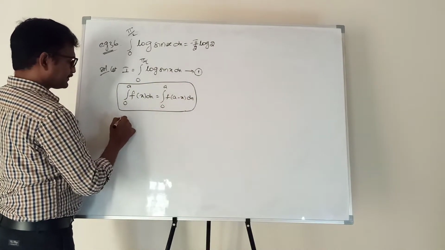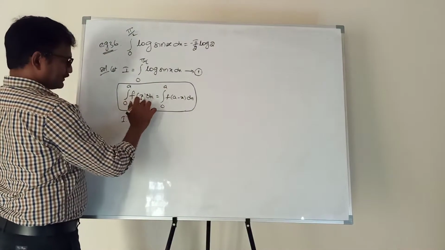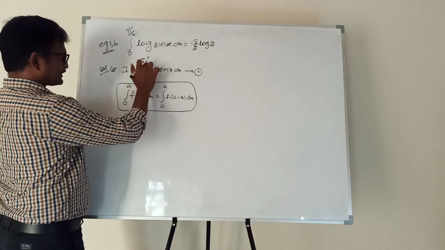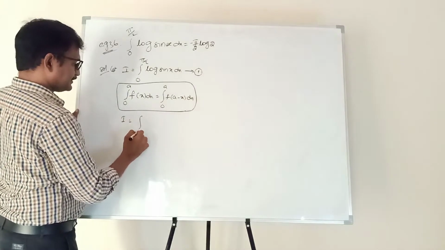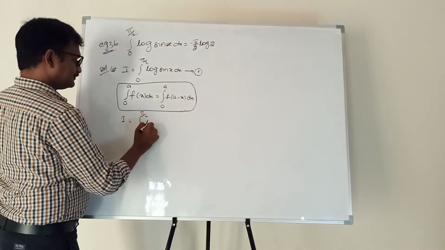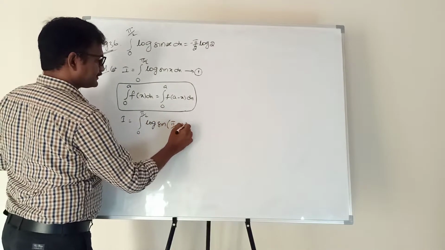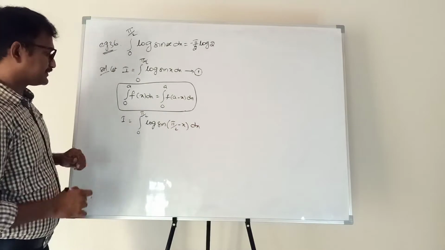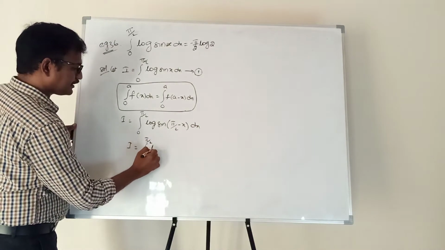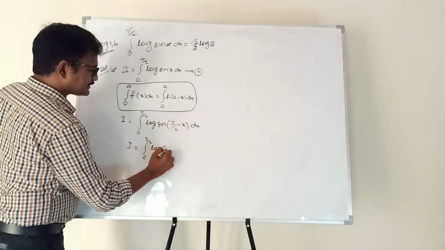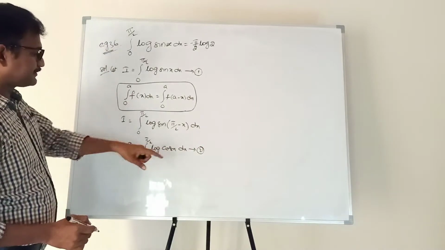If you apply this property, in the place of x you can replace with a minus x, which means pi by 2 minus x. Next, I is equal to 0 to pi by 2 log sin of 90 minus x, which is cos x, log cos x dx. So this is equation number 2.